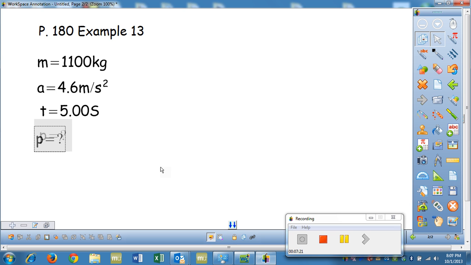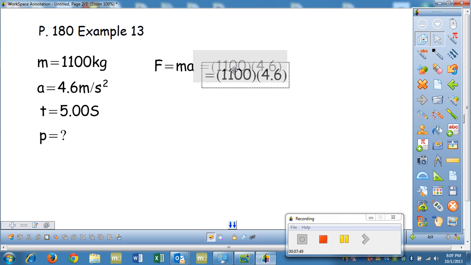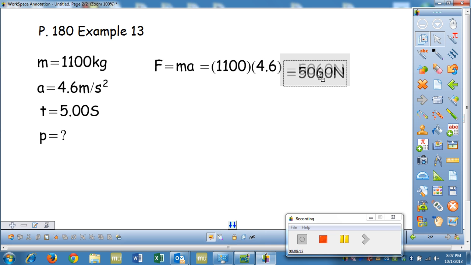F equals ma, so that's 1100 times 4.6, which is 5060 newtons. Okay, so we've got our force.